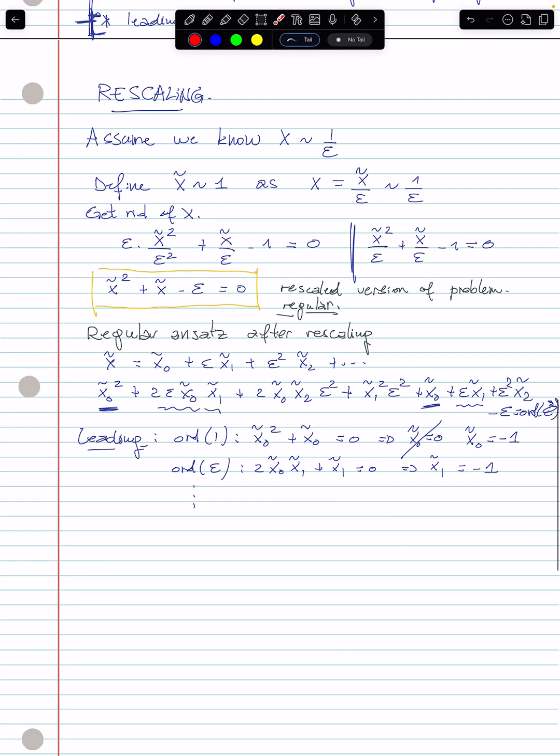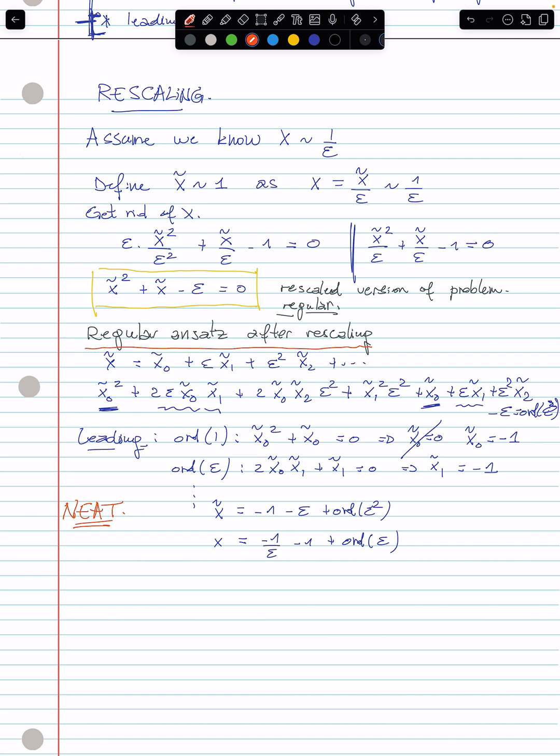All right, and so at the end of the day, we find x tilde is equal to -1 minus epsilon plus order epsilon squared, and then come back to the original quantities. x is x tilde over epsilon, so -1 over epsilon minus 1 plus things that are of order epsilon. And we get it. Okay, this is a neat way to do. This is the neat and proper way to do. We use a regular ansatz after rescaling.